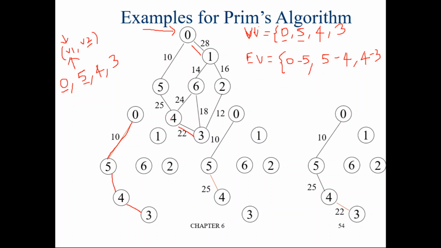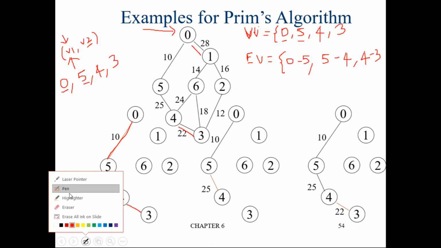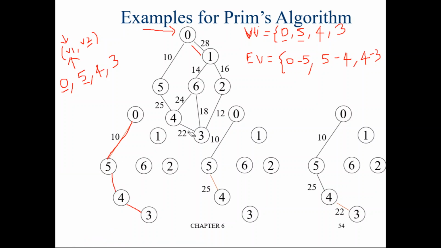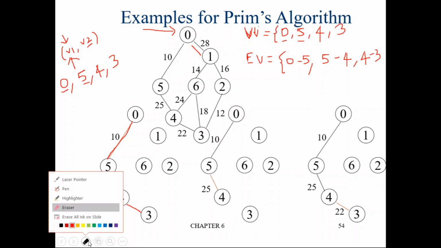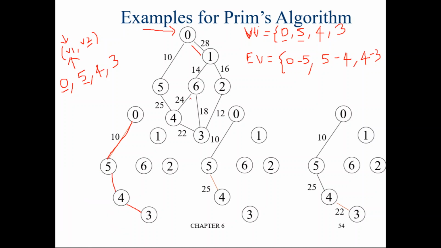From 4 we have one option, I think. 4 to 5 is added, 4 to 3 is added, so we have one option, which is 4 to 6. 4 to 6 because 4 is added and 6 is not added. From 3, 3 to 4 we cannot take because 3 and 4 are both already in the visited list.